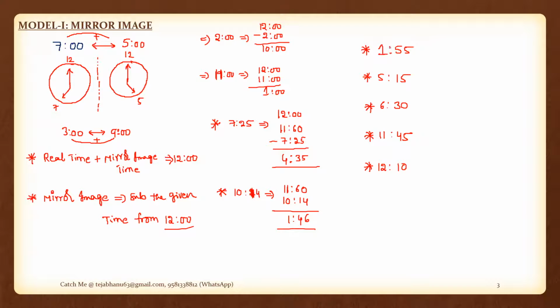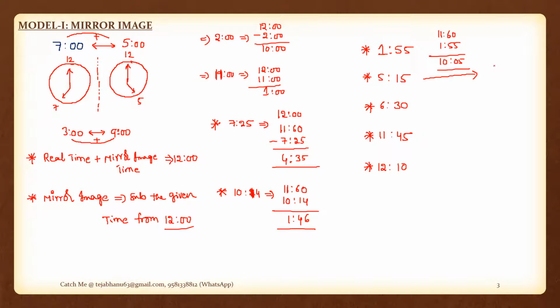What is the mirror image of 1:55? Yeah, subtract it from 11 hours 60 minutes. 1:55, that is 10 hours 5 minutes. Right, Supriya? It's right. Next, 5 hours 15 minutes.